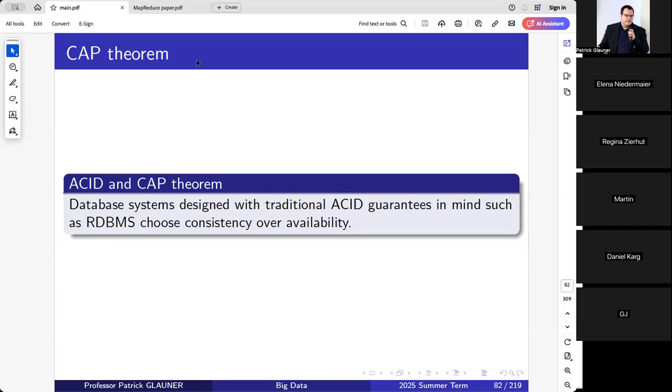But because you have these very, very strong guarantees in ACID, definitely such a system needs to favor consistency over availability, because we saw ACID strong guarantees: atomicity, consistency, isolation, and durability. So why would you actually have such multiple nodes in a database management system? Maybe because you just cannot store it on a single node.